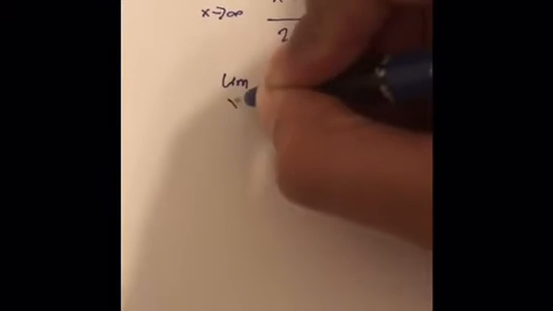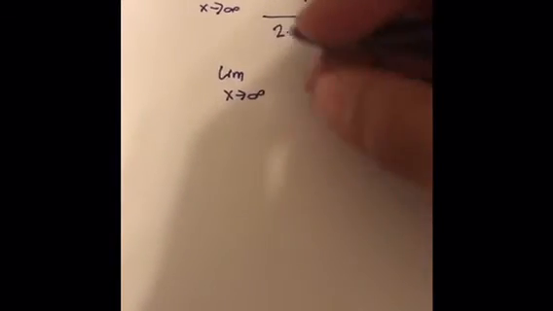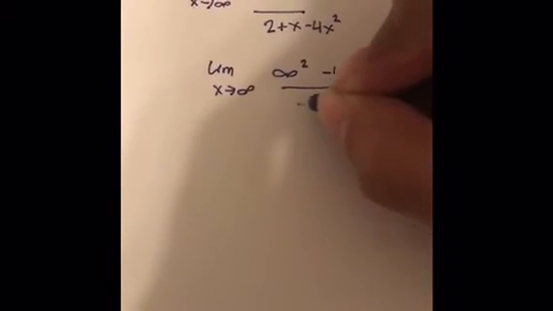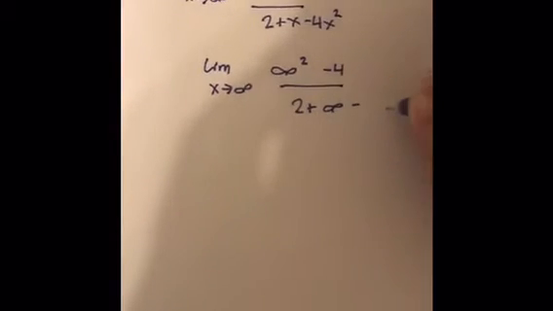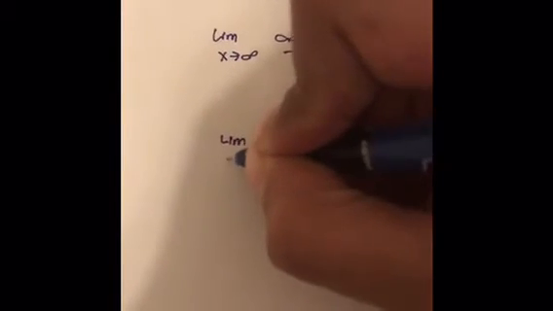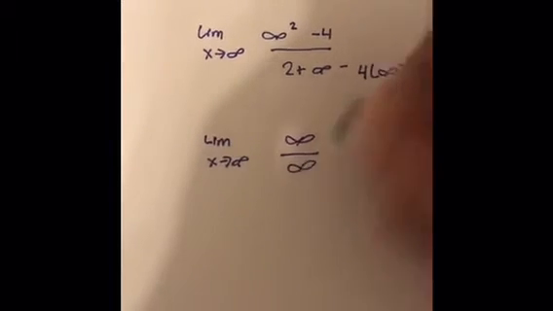So let's first use substitution. So infinity squared minus 4, over 2 plus infinity, subtract by infinity. Okay, there you go, guys. That still gives us infinity over infinity, correct?